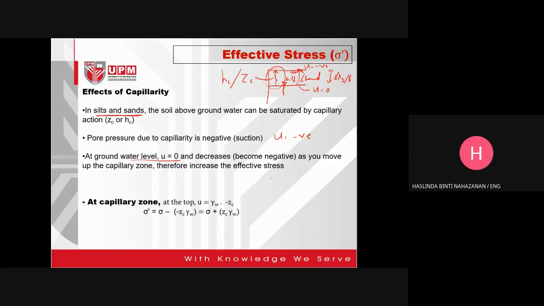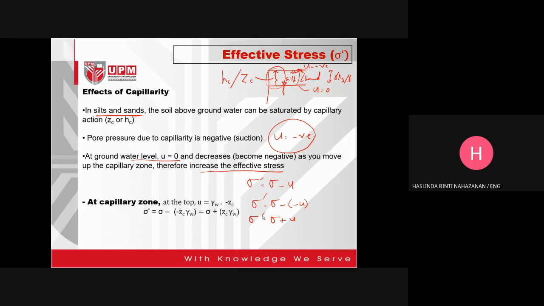Because of the negative pore water pressure, you actually increase the effective stress. Effective stress is total stress minus pore water pressure, but due to capillarity the pore water pressure is a negative value, so you actually increase the effective stress.